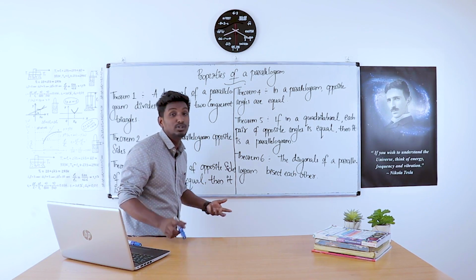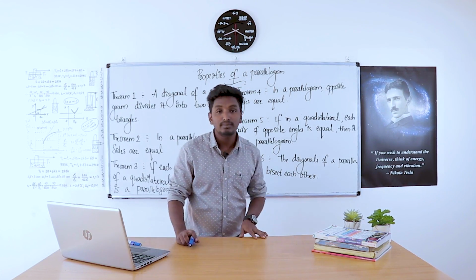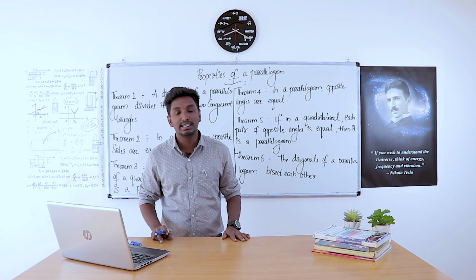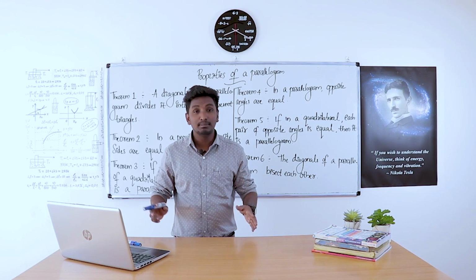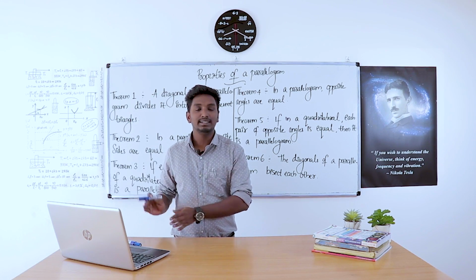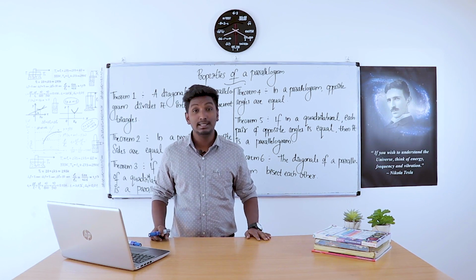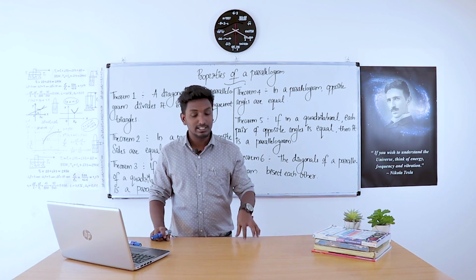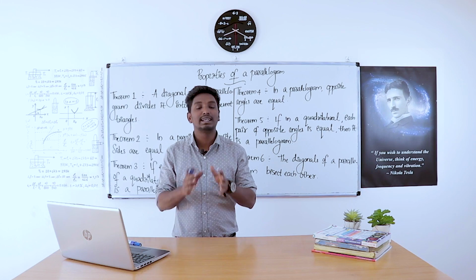What do you mean by congruent triangles? For congruent triangles, all the corresponding parts are equal. That we simply call CPCT. CPCT means corresponding parts of congruent triangles are equal.